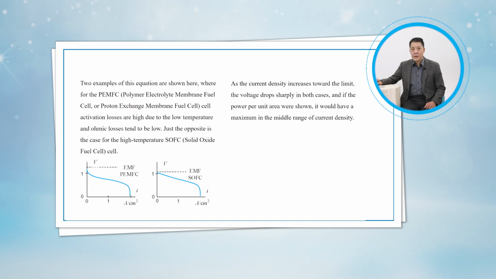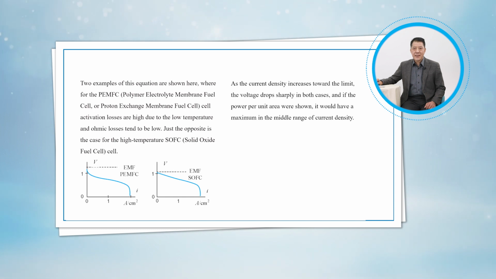Two examples of equation 14.7 are shown here, where for the PEMFC cell, activation losses are high due to the low temperature and ohmic losses tend to be low. Just the opposite is the case for the high temperature SOFC cell.